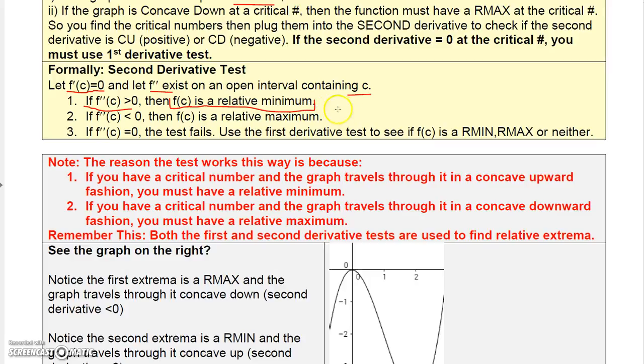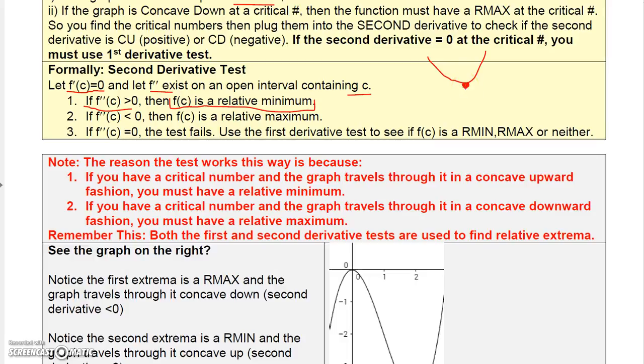Now, why would that be the case? Well, it goes back to what I just said. If this is a critical number, and the second derivative is positive, then you have concave up. And if you have concave upward at that critical number, then you can only have a minimum there.